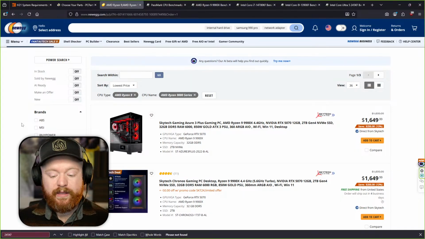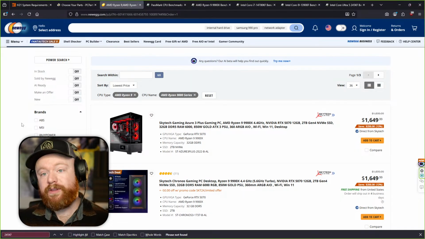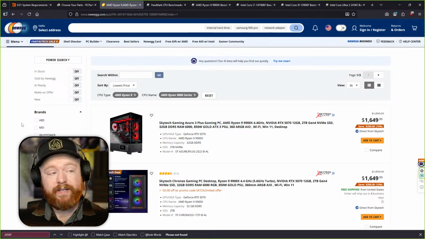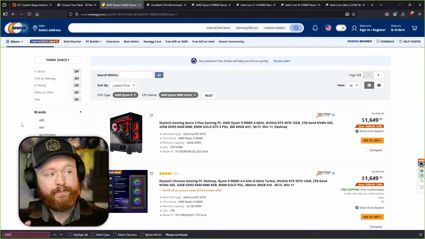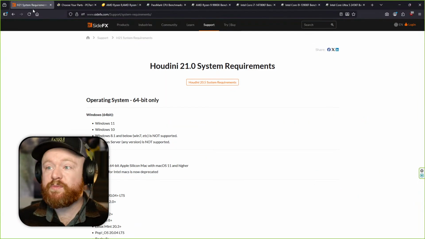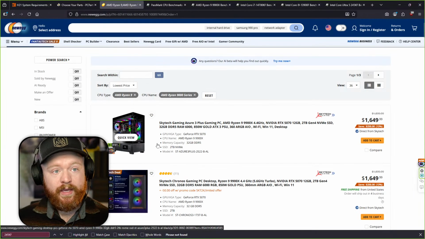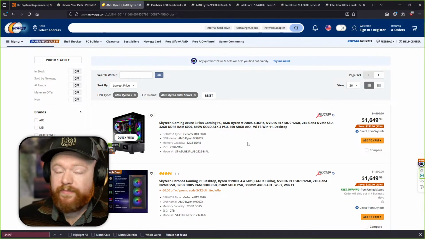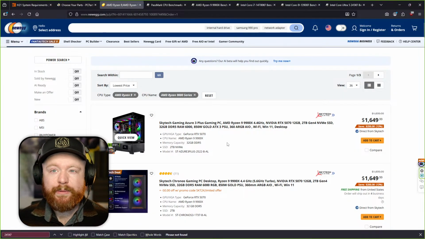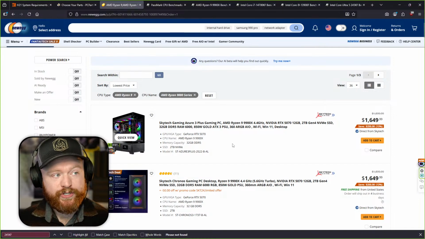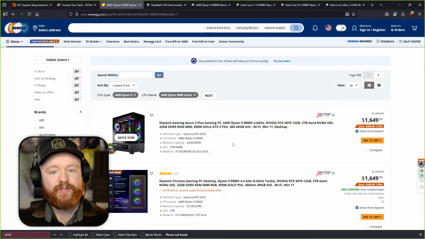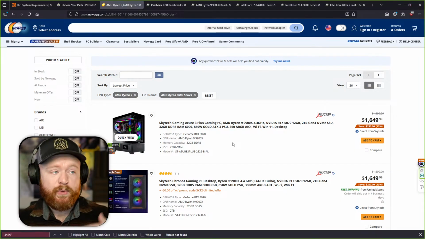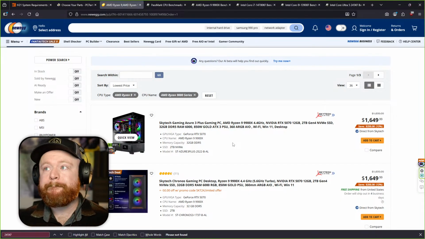And then, as well as finding a graphics card with 12 gigabytes of VRAM, as the minimum specs suggest in the documentation, or in the SideFX system requirements page. So yeah, that's what I would do. And you could probably get away with some research on this with maybe about $1,000 to $1,300 for a budget PC build that will last you a good while.